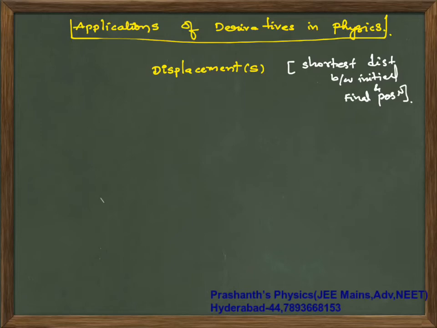Now the second term is velocity. Displacement is a vector. Now coming to velocity, there are two types of velocities.